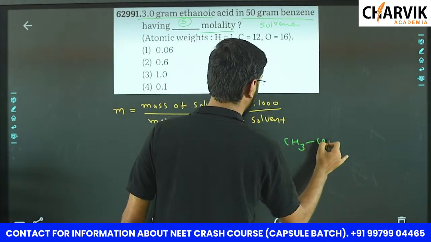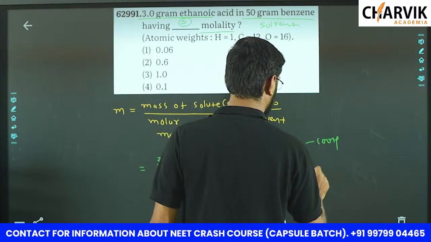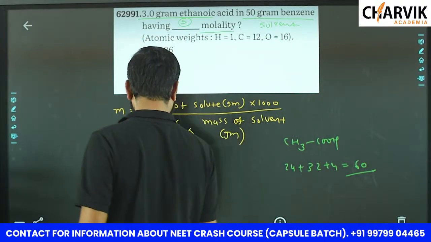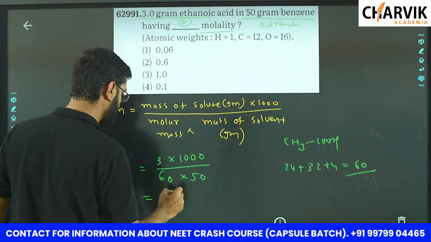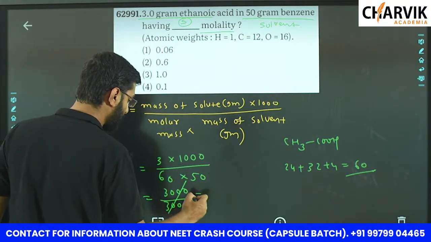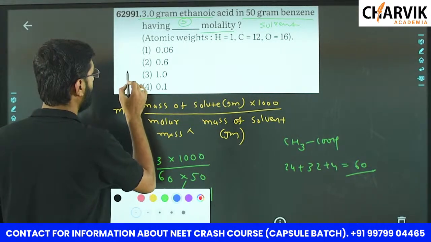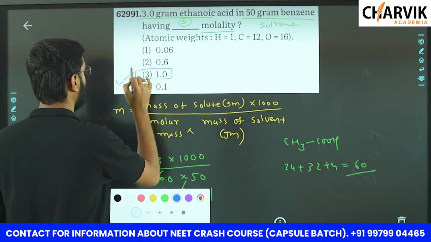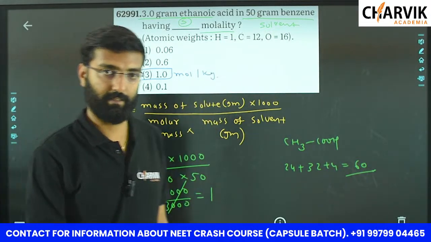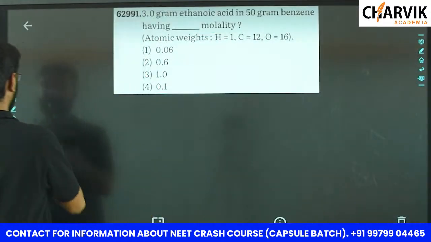Molecular mass of ethanoic acid: 12 into 2 is 24, plus 32 plus 4, you will get 60. In numerator you will get 3000, and in denominator also you get 3000. So your answer should be 1. So your correct option is third, 1 mol per kg. Got it, friends? Okay, move to next question.